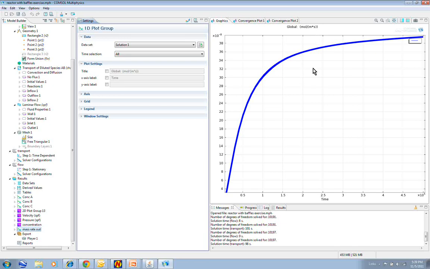This is a 2D model, so if we multiplied by unit thickness, then the units would be moles per second. Okay, so this is kind of a baseline result, 40 times 10 to the minus 8.